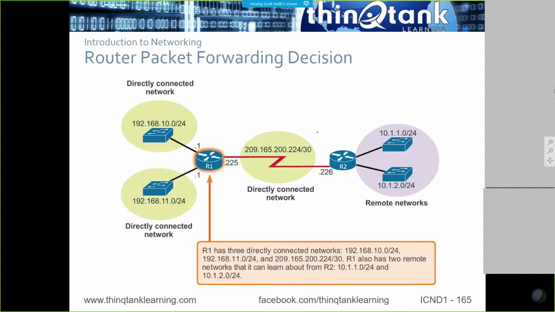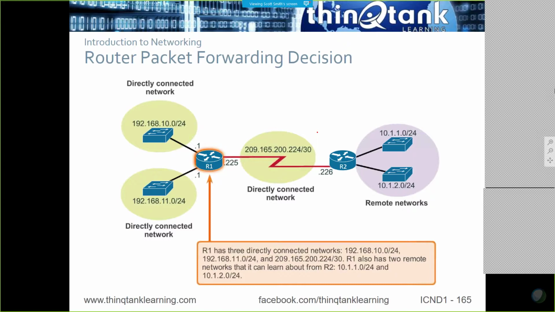All right. When it comes to routing, though, there's some very important things that you guys have to understand. What does a switch do when it doesn't know how to reach a host? It floods, right? It sends the frame out of every port except for the port it came in on. Agreed?